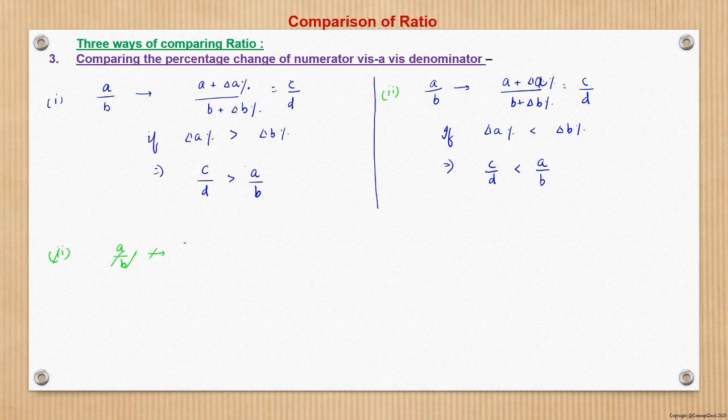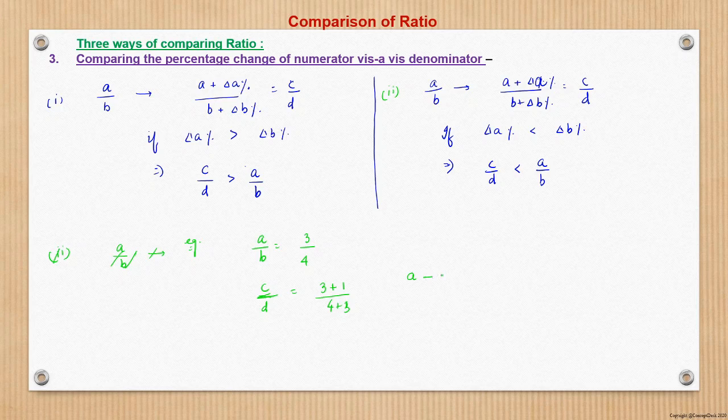So let us take some examples. Say ratio a by b is nothing but 3 by 4. Now there is a ratio c by d which is nothing but 3 plus 1 and 4 plus 3. So what happens here?